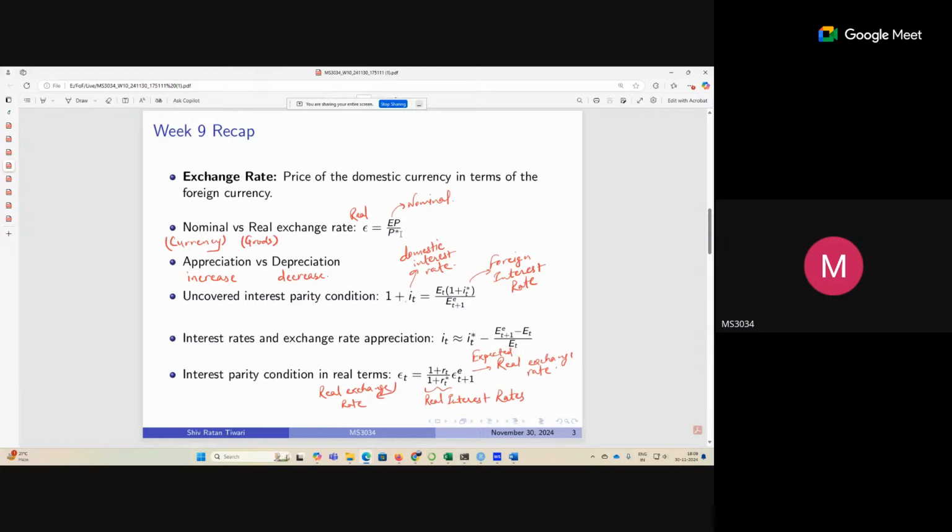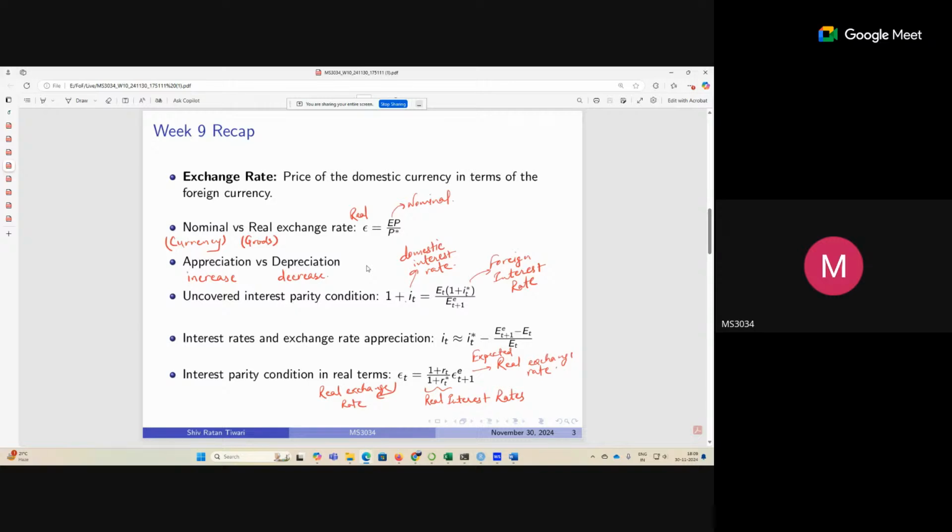In the example of India and US, appreciation would be a rise in the value of rupee in terms of US dollars, and depreciation would be a decrease in the value of rupee in terms of US dollars.